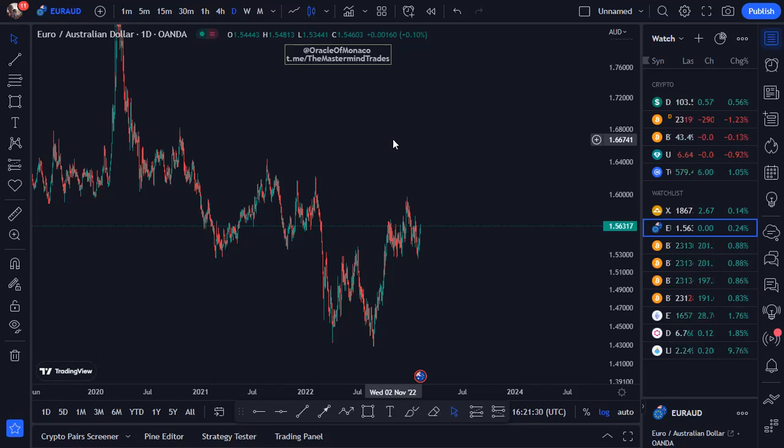You might get confused, wondering what exactly these internal structures as well as external or major structures mean, as well as how you can differentiate them when looking at your price chart.